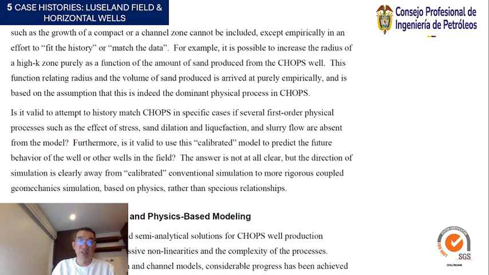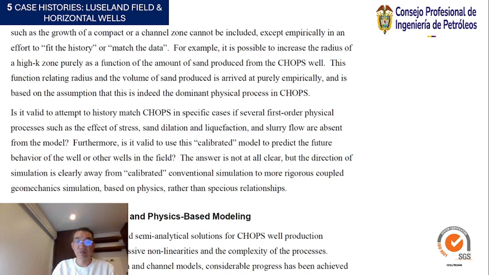5.6.3 Stress, flow, coupling, and physics-based modeling. Attempts to develop analytical and semi-analytical solutions for CHOPS, where production behavior is hampered by the massive nonlinearity and complexity of the process.